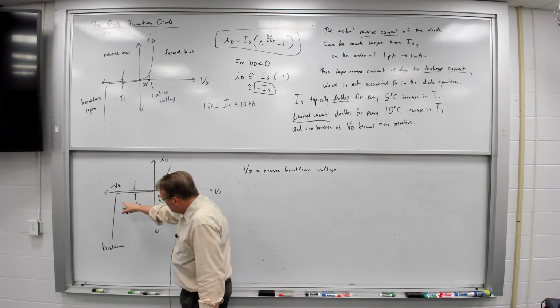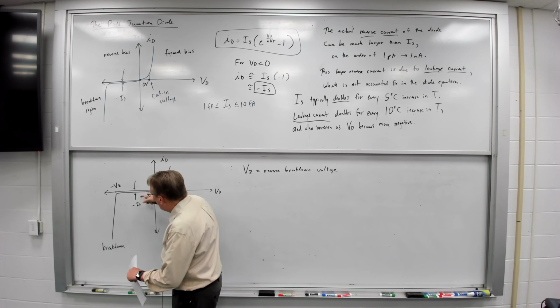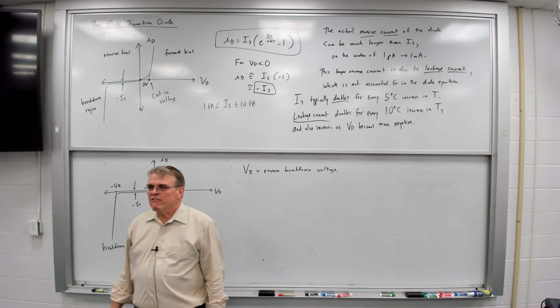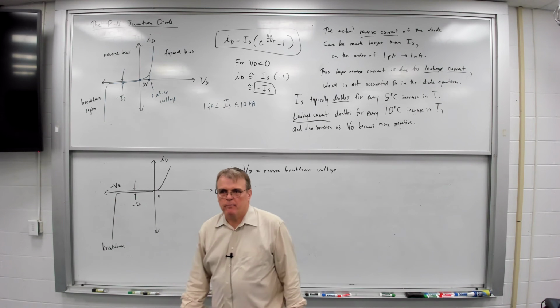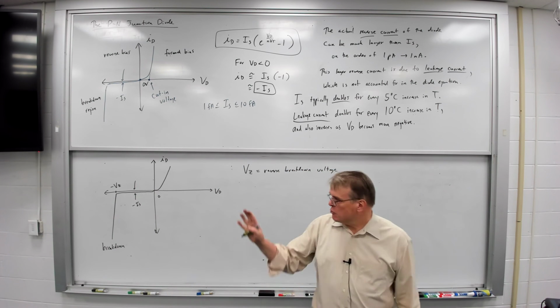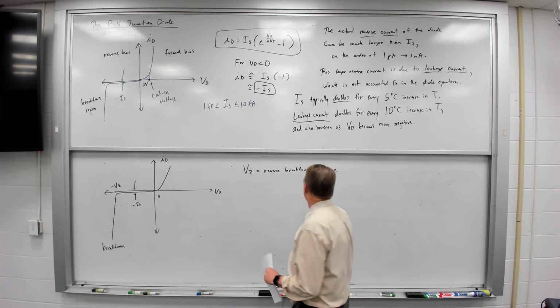Now, breakdown begins to kick in once I have a large enough negative bias across that diode. There are two mechanisms that contribute to the breakdown.